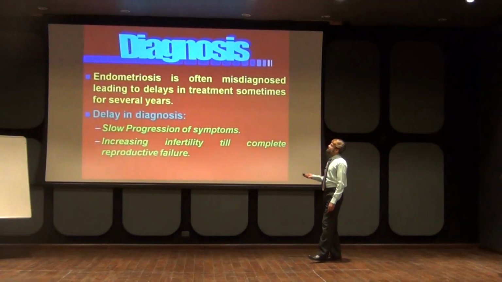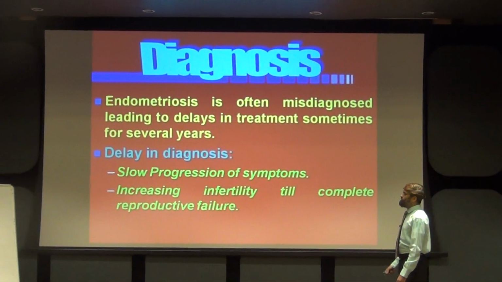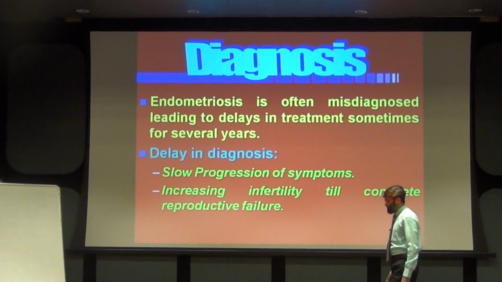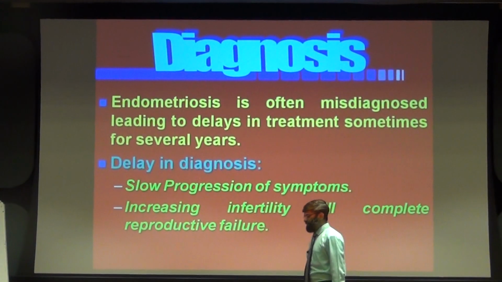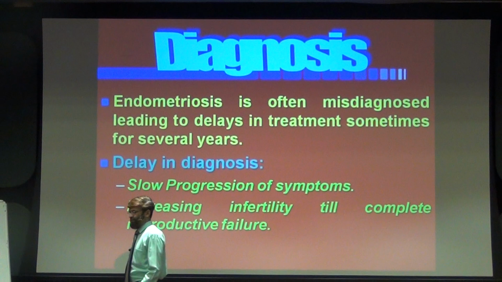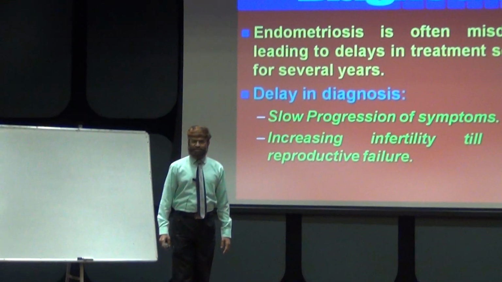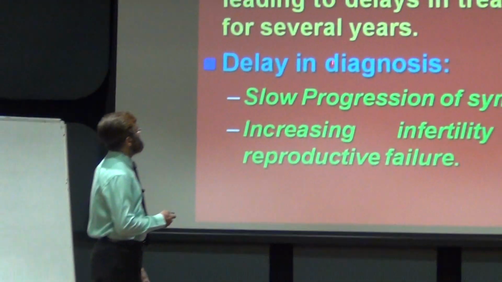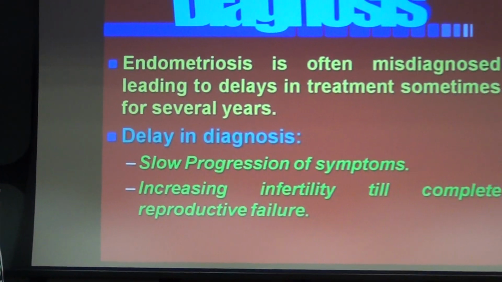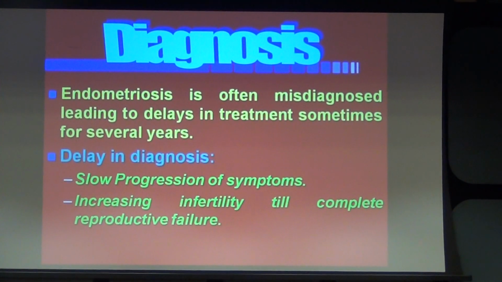So next is diagnosis. Now here comes a very important point. Because we said in the beginning that endometriosis is usually seen less often throughout the world. But the problem is that there are many cases which remain asymptomatic. So the point to be noted is that endometriosis is often misdiagnosed, leading to delays in treatment, sometimes for several years.